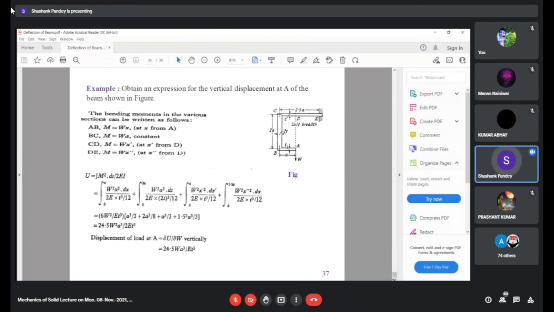So this will be 24.5 WA cube upon EI. So this is the displacement for a complicated structure.